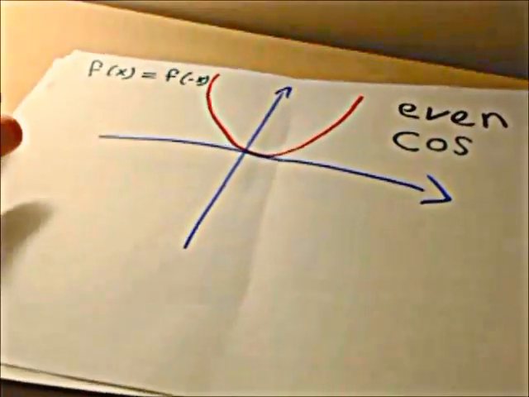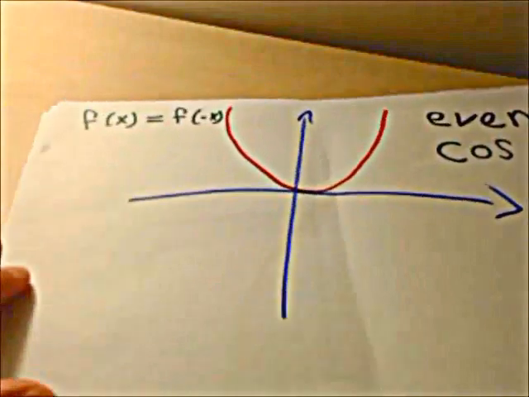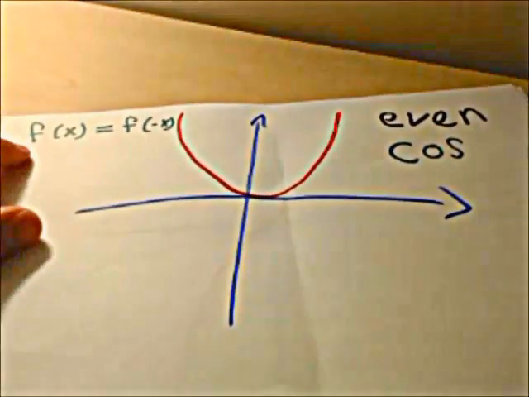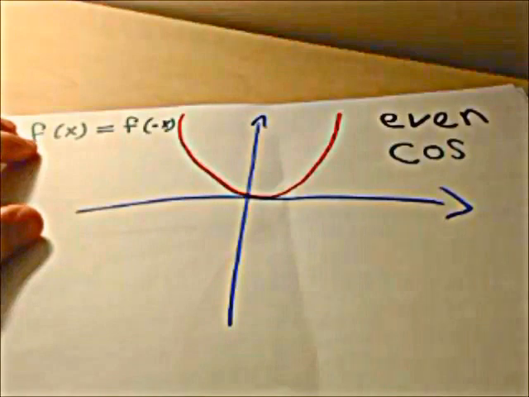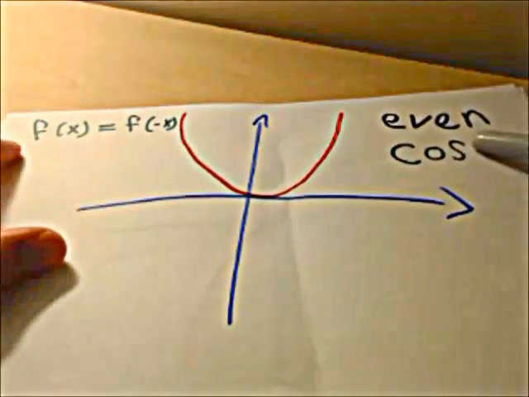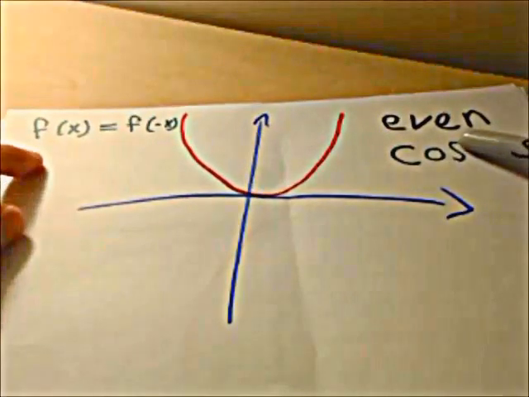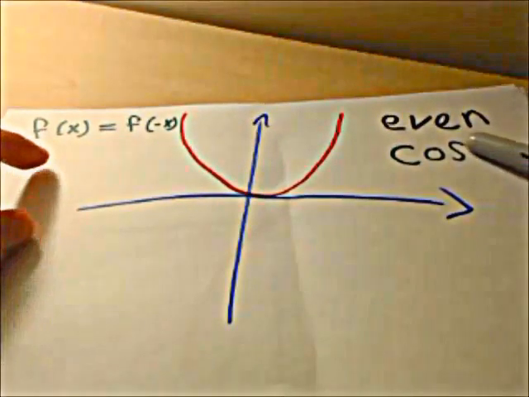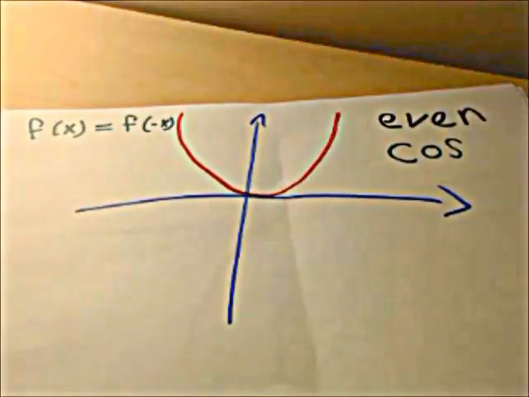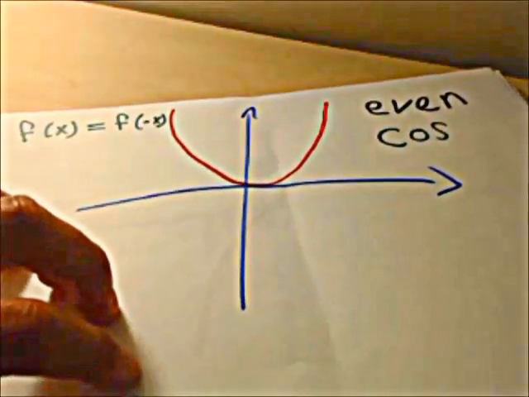But if you don't have a graph, you can look at the equation, the function of it. An even function says that if you've got f of x and it's even, that means f of minus x is the same. To put that in practice, let's use an example.